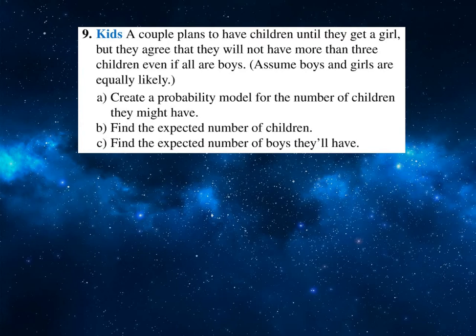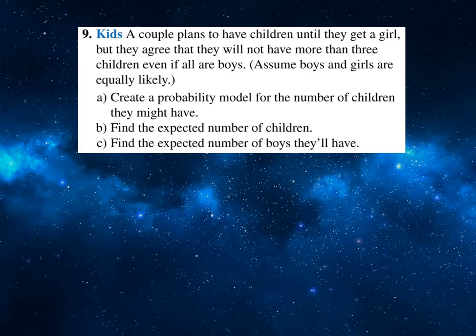But what if I had a boy, a boy, and then a boy? Am I going to go again? No, 3 is my limit. Cutting it off. What is the probability of a boy, a boy, a boy? 1/8. So those are all of the possible ways I can have children that meet this requirement. Do you understand what I'm talking about?